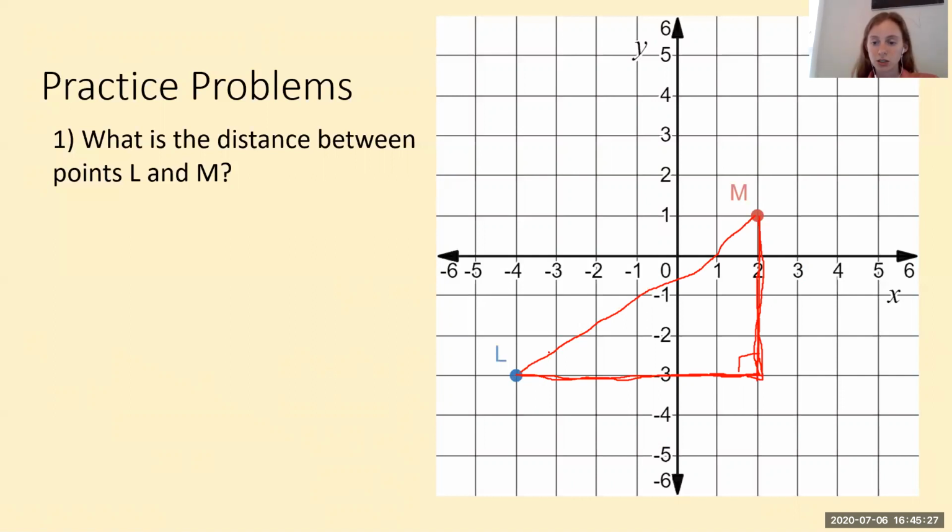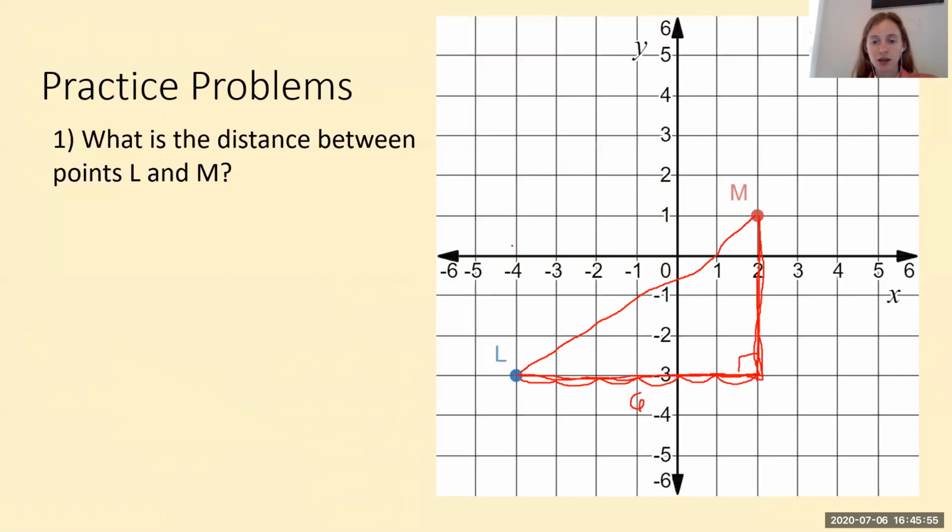So what I need to do now is figure out the measurements of the 2 legs of this triangle. So I can use my grid to do that. I'm going to count how many spaces this line covers. So I'm going to start with the horizontal line here. So this line is 1, 2, 3, 4, 5, 6 spaces.